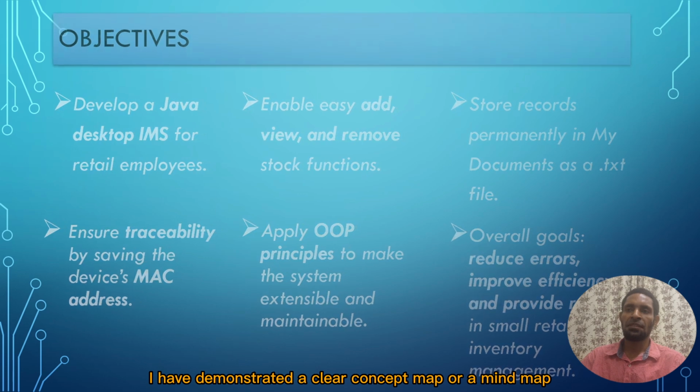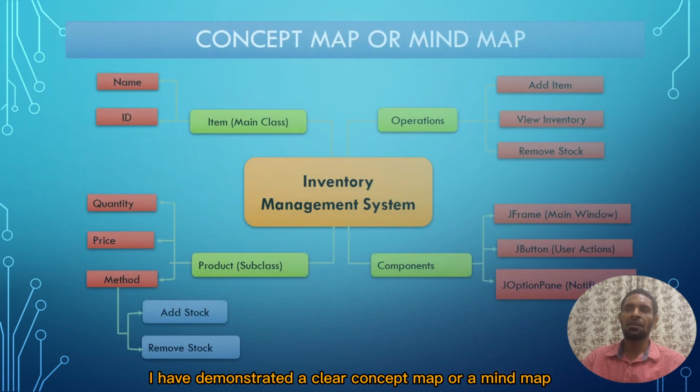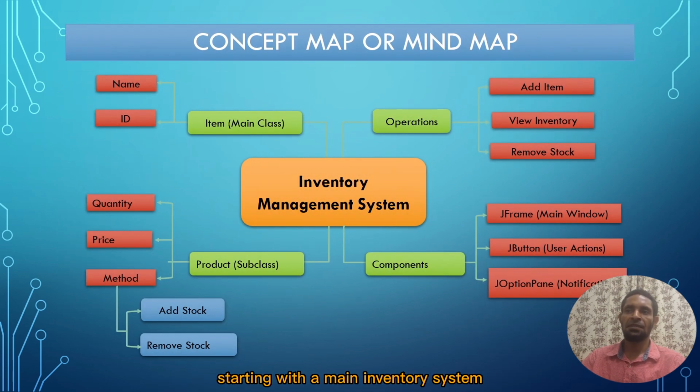After that, I have demonstrated a clear concept map or mind map, starting with the main inventory system. We also have the main classes: item, operations, product, and components. Under those main four components, I've given extended items, which give the user more interactive functions that help the user to enter inventory or the stock items.